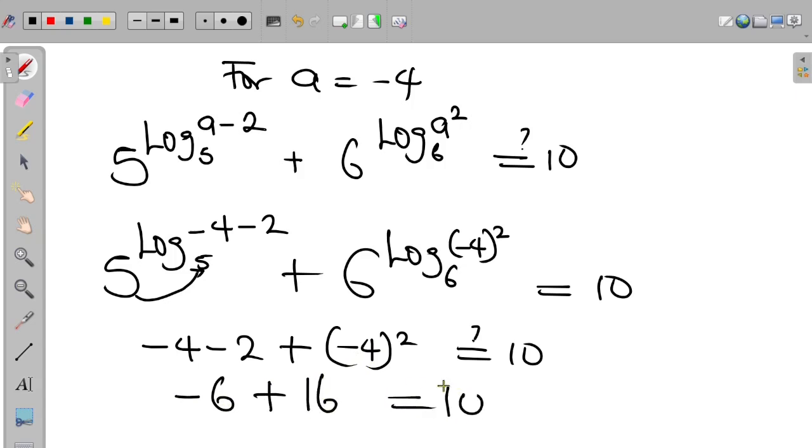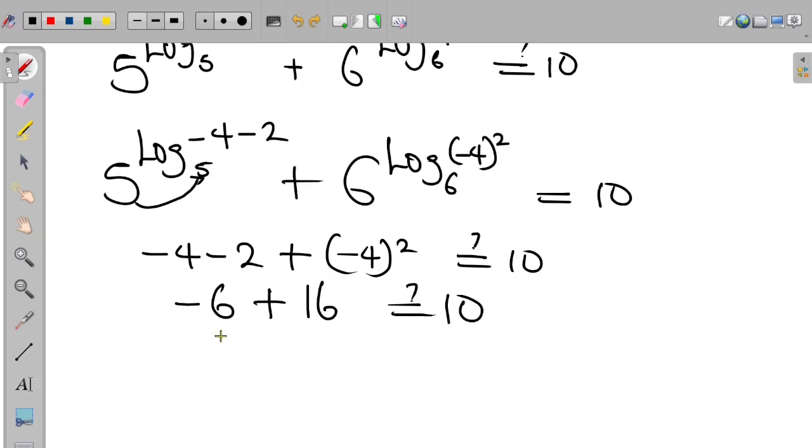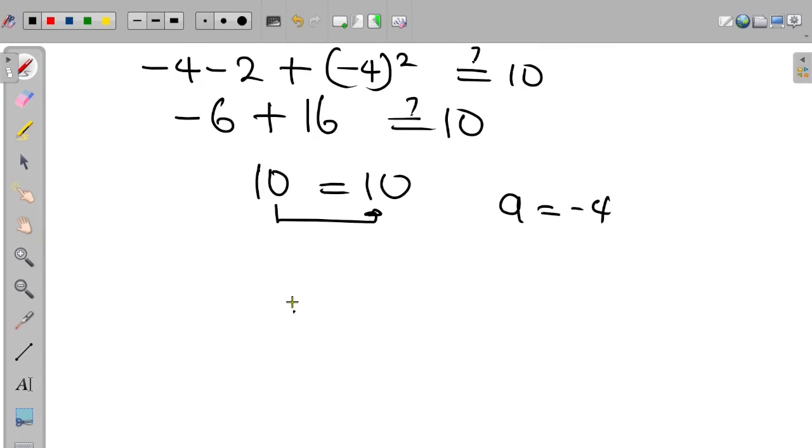Now, minus 6 plus 16 is 10. So the left-hand side is equal to the right-hand side. Therefore, a is equal to negative 4. So we have it that a is equal to 3 or a is equal to negative 4.